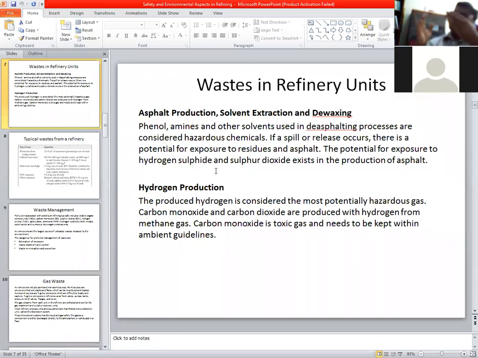The de-asphalting unit also uses some additives like phenols and amines. Phenol itself is a very harmful substance. If it touches your skin, phenol can penetrate through your skin into your body, which is very harmful. So you have to be very careful. Phenol, amines, and other solvents used in the de-asphalting unit.